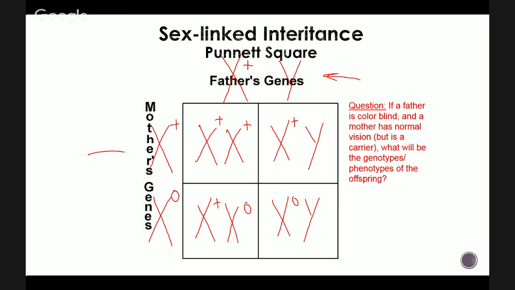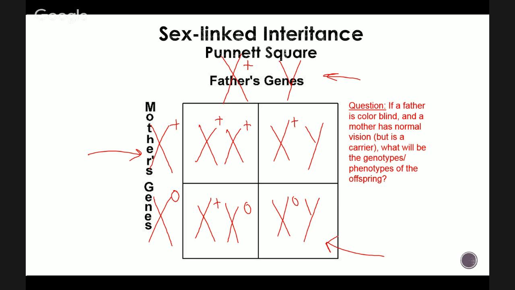Child, not colorblind. Well, it usually happens. The reason why the boy is colorblind is because the mom was a carrier. Where'd the mom get that from?